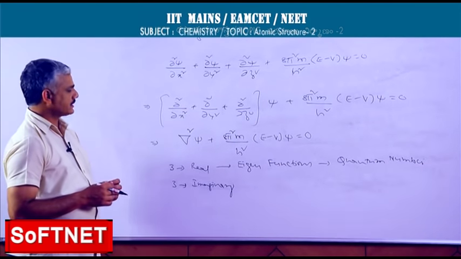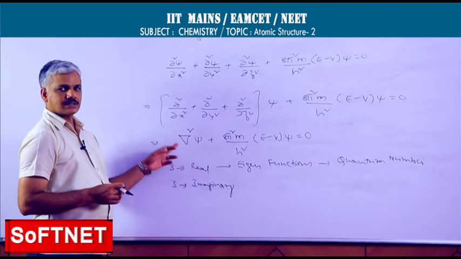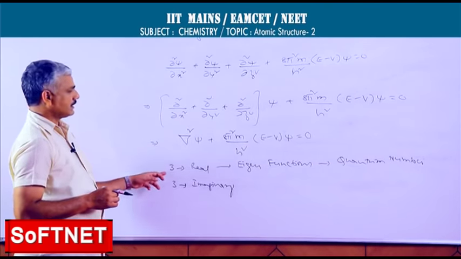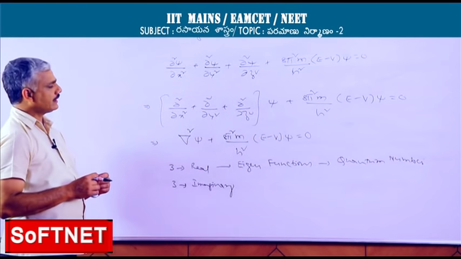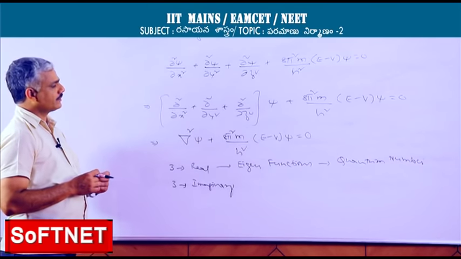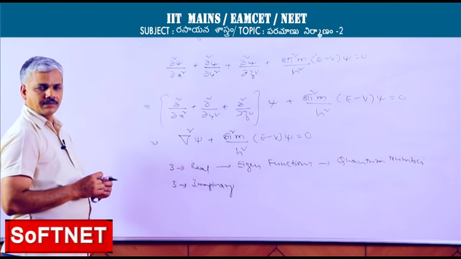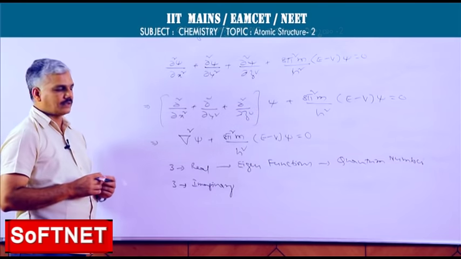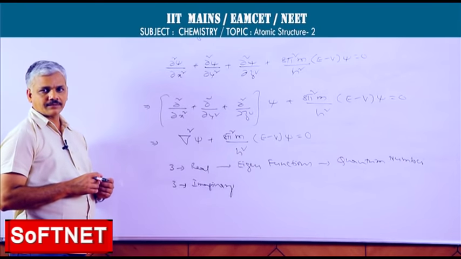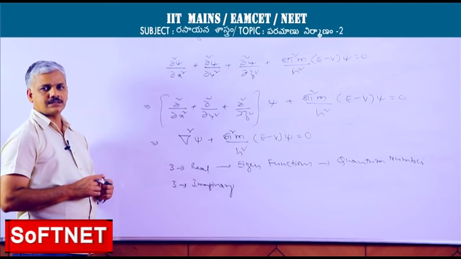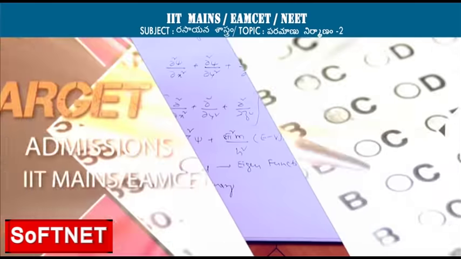We can say they are the real solutions of Schrodinger's wave equation. So, the 3 quantum numbers that can be calculated by solving Schrodinger's wave equation are principal quantum number, azimuthal quantum number, and magnetic quantum number. The quantum number that is not obtained by solving this equation is spin quantum number.